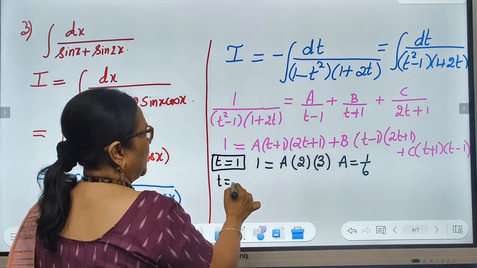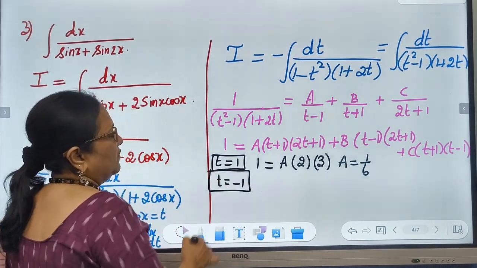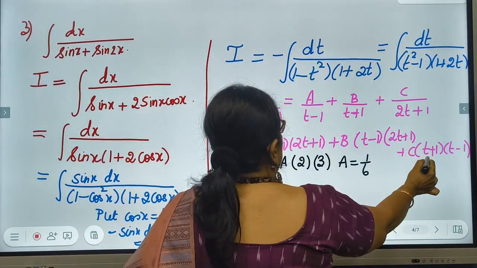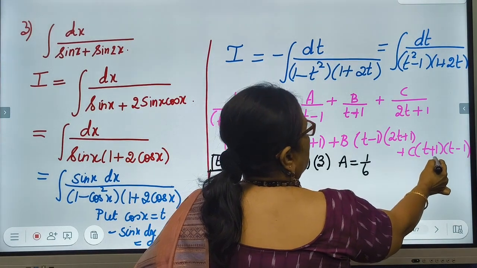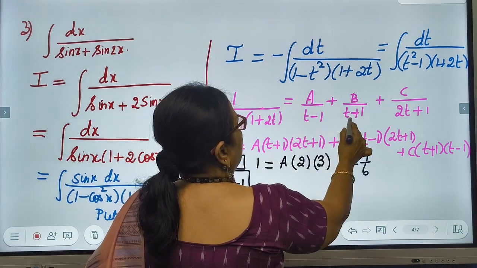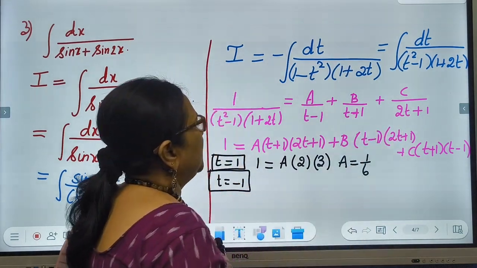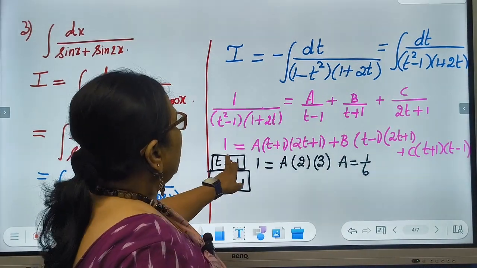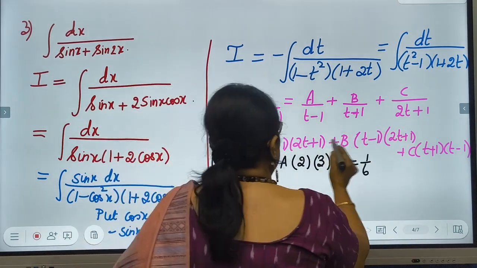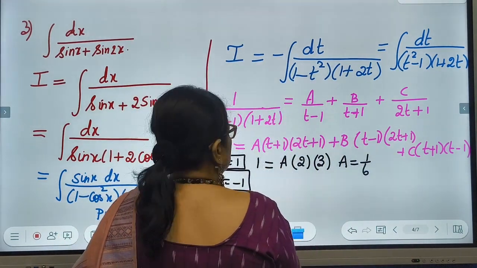Next, t equal to minus 1. When I put t equal to minus 1, what will happen? First one has got a into (t plus 1) into (2t plus 1). When I put t equal to 1, I'm sorry, these two values would have gotten cancelled.